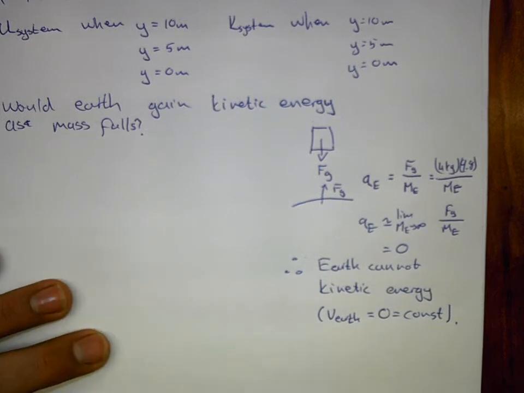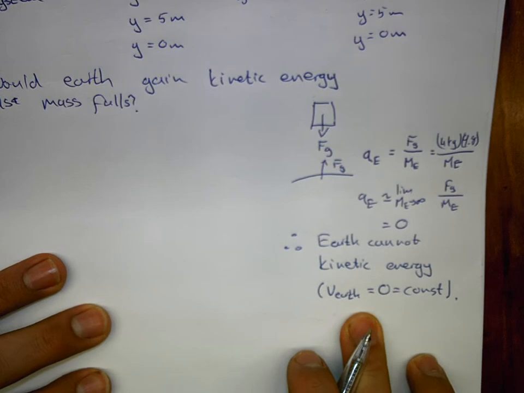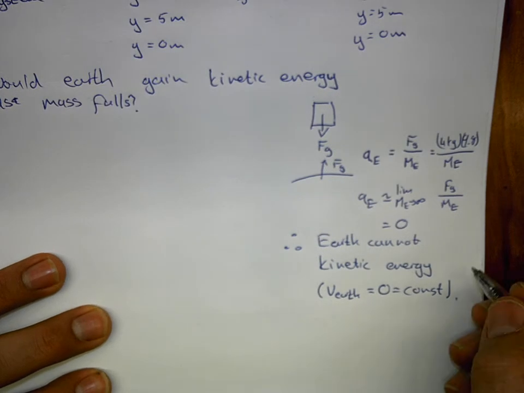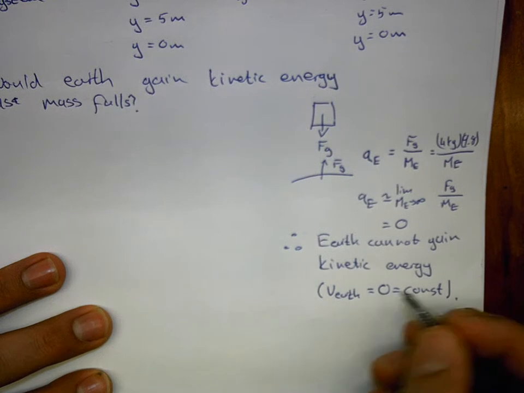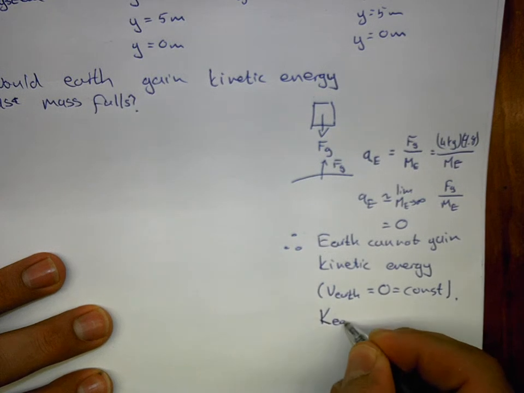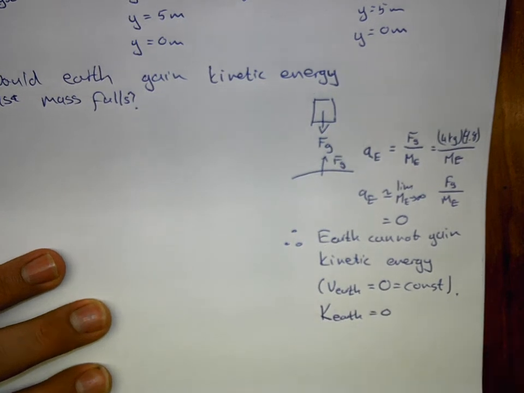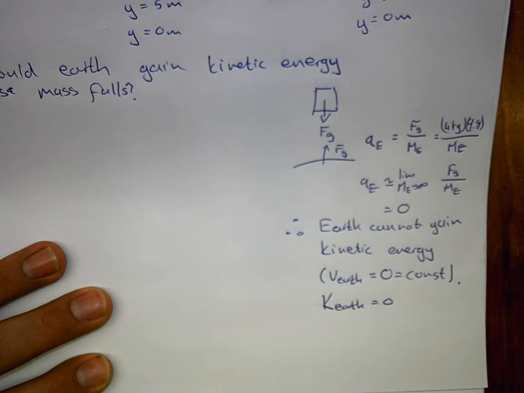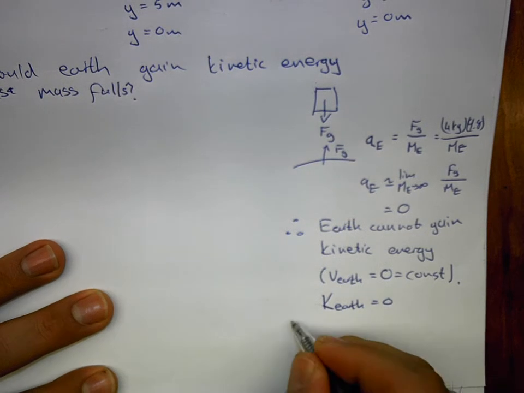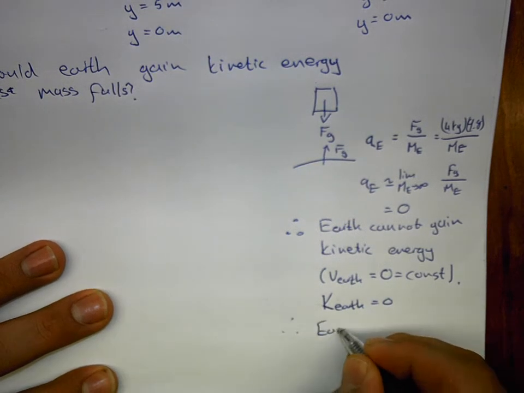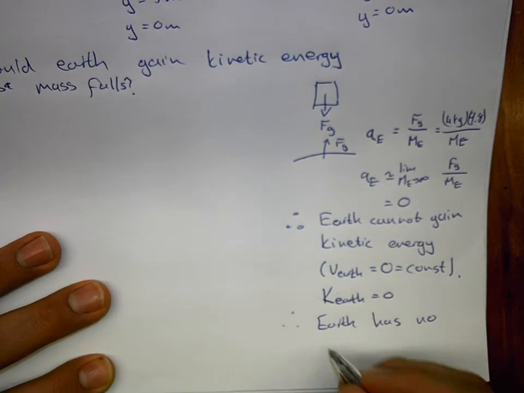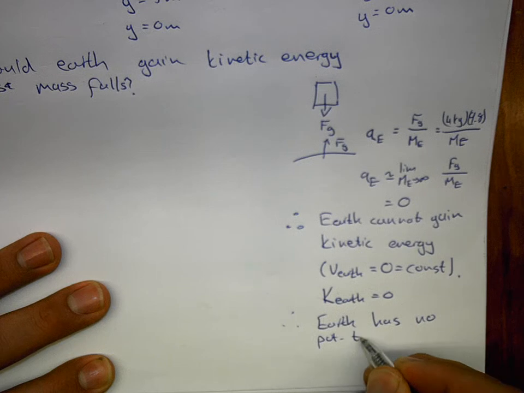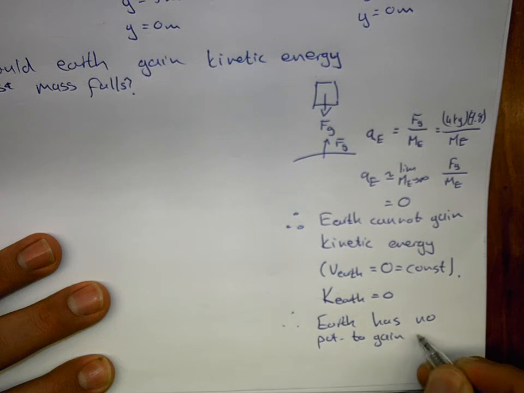So the kinetic energy of the Earth will always be 0. So kinetic energy for the Earth is 0. And this also now restricts the potential energy, because now the Earth has no potential to gain kinetic energy, right?